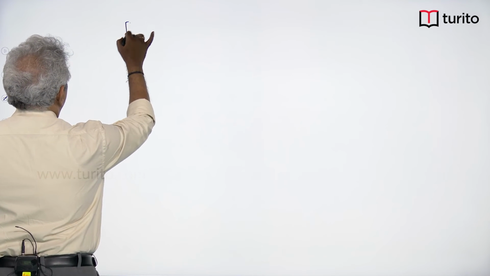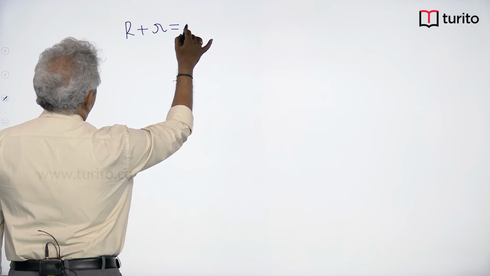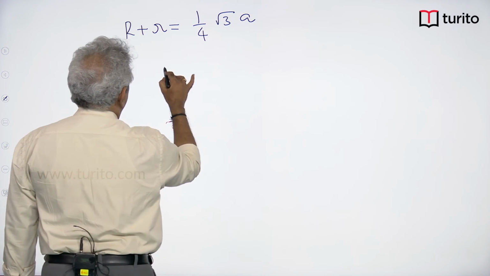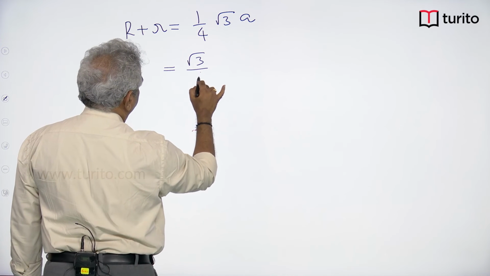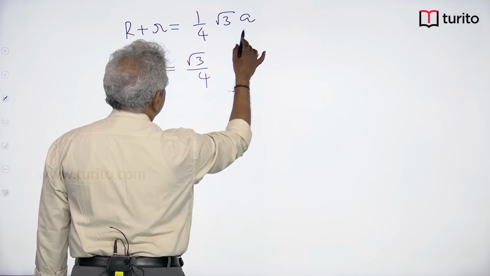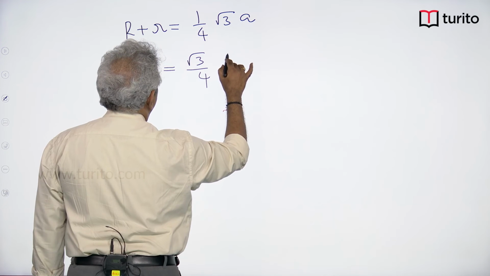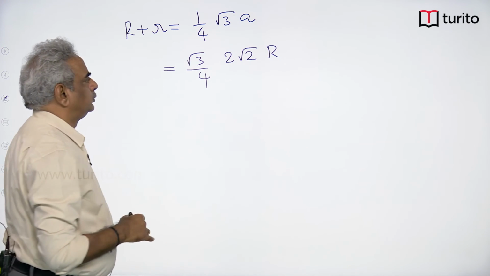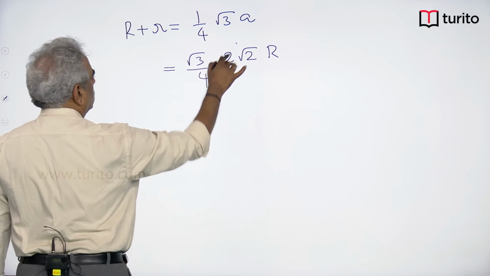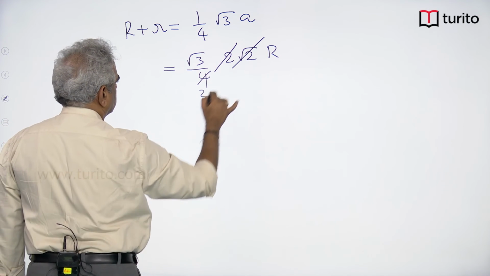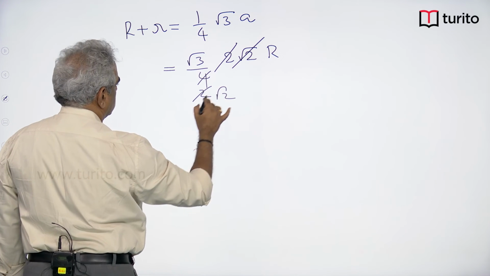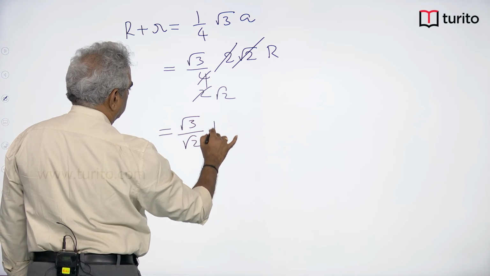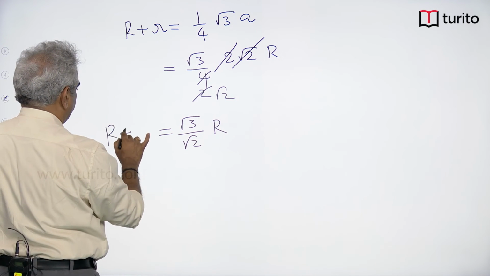Capital R plus small r makes 1/4 of the body diagonal. So root 3 by 4 into body diagonal, where a is given by 2 root 2 R. Now this 2 goes 2 times, this goes root 2 times. So I am going to have root 3 by root 2 R. This is capital R plus small r.